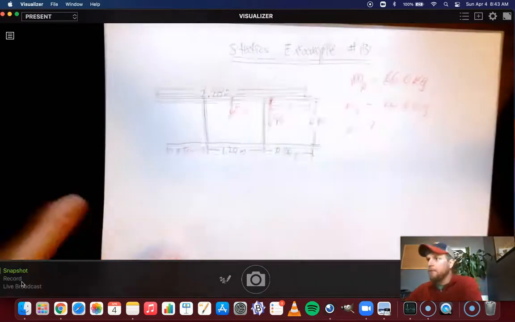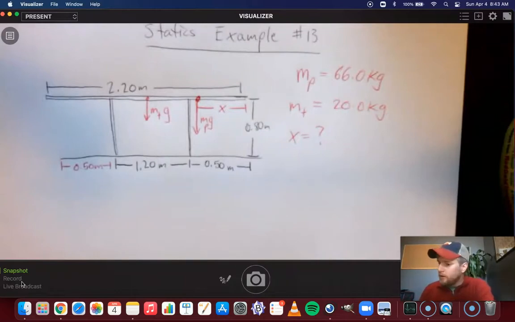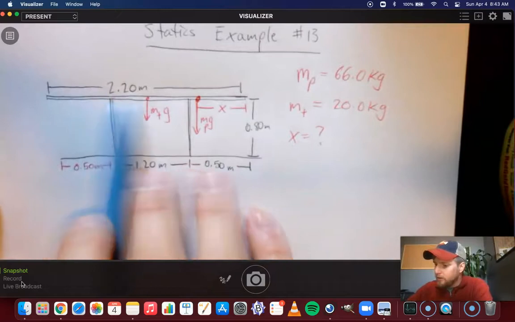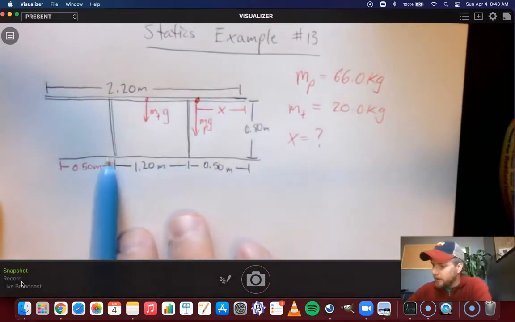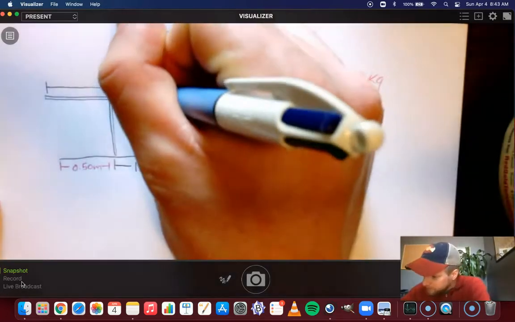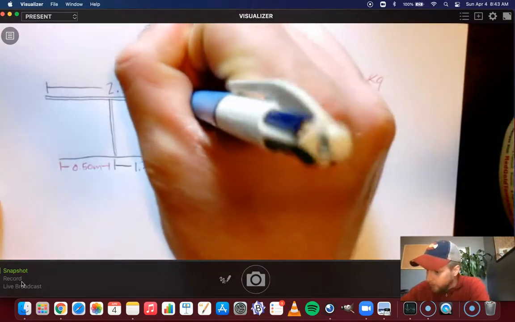Zoom in a little so we can see that better. Okay. If this is directly in the center of this 2.2 meter tabletop, and this is symmetrical about the middle, then from here to this table leg is going to be 60 centimeters. That's going to be important shortly.